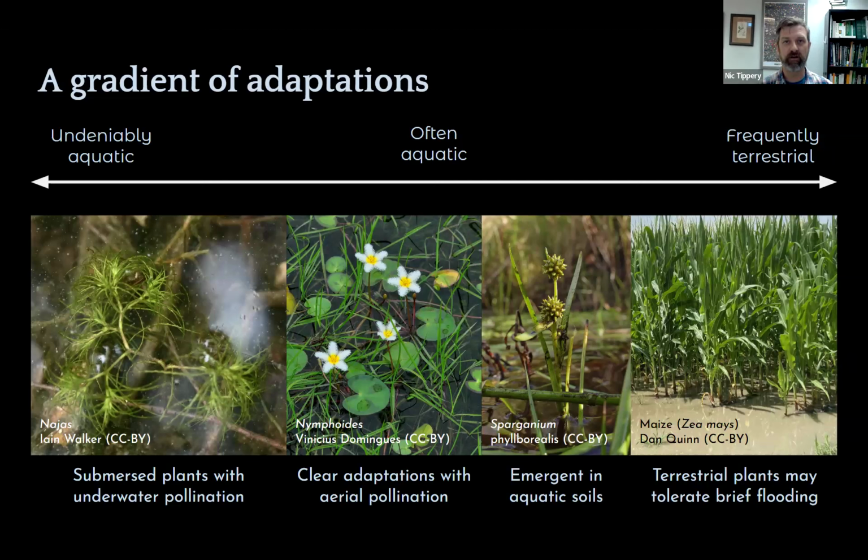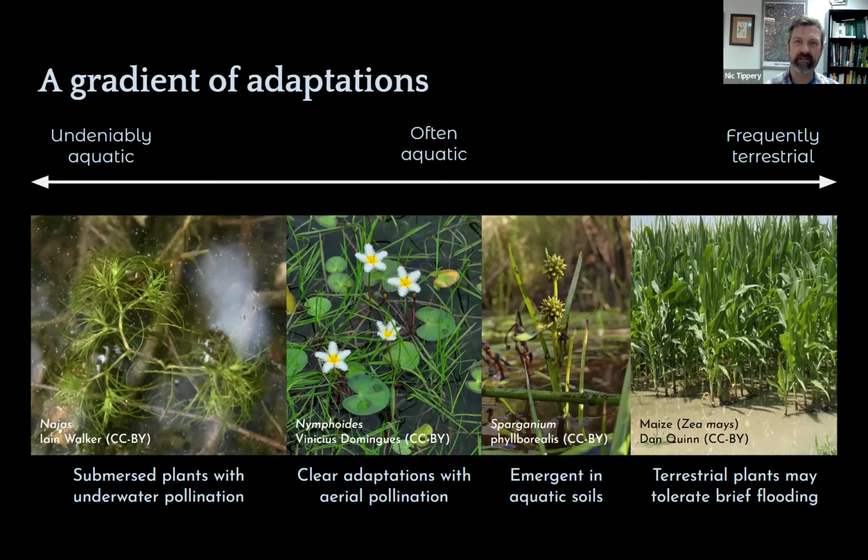They live fully in the water. Some of them pollinate underwater. So those are obviously aquatic plants, but on the right hand of the image here are corn plants, or maize. So this plant that people wouldn't suspect of being aquatic can tolerate wet soils for brief periods of time. So clearly there's some cutoff here where you would say that at some point they're no longer aquatic.